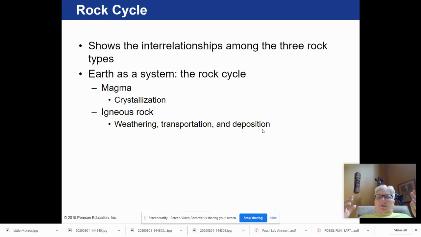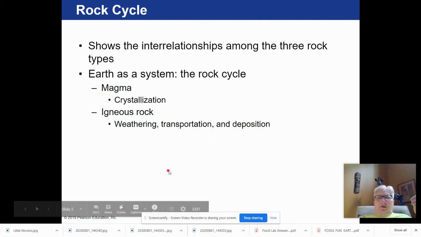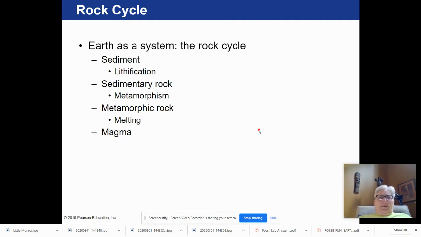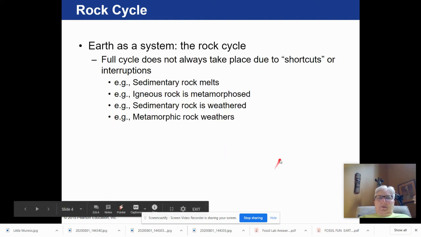But they're the same thing. They're a crystallized version of our rock that we know, solid rock. All right, so we'll take a look at the sedimentary rock, the metamorphic rock, a little bit about magma, and so on.